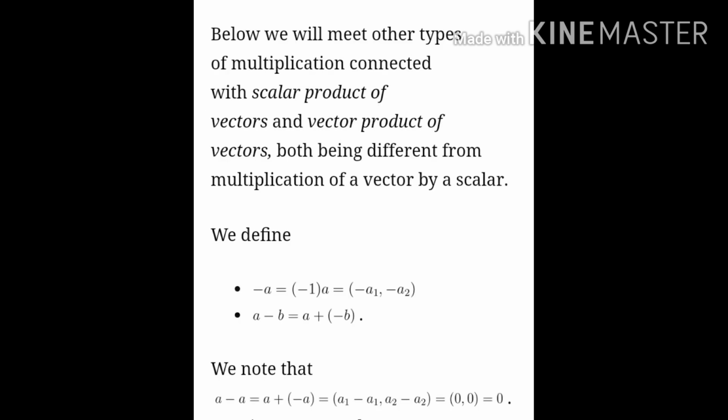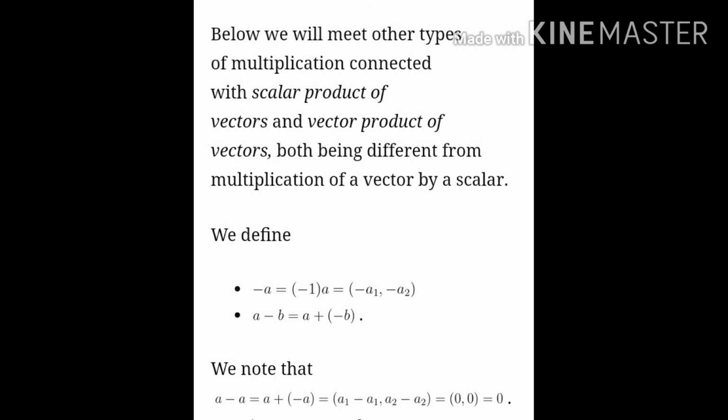Below, we will meet other types of multiplication connected with the scalar product of vectors and the vector product of vectors, both being different from multiplication of a vector by a scalar. Here we define minus a equal to minus 1 times a, which is (minus a1, minus a2). And the second one is a minus b equal to a plus (minus b).